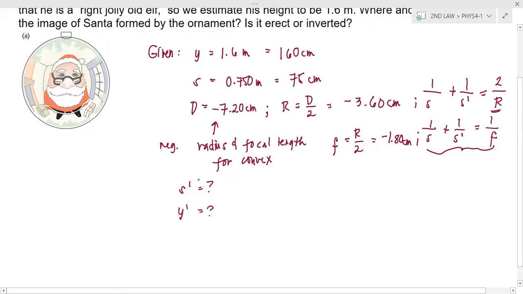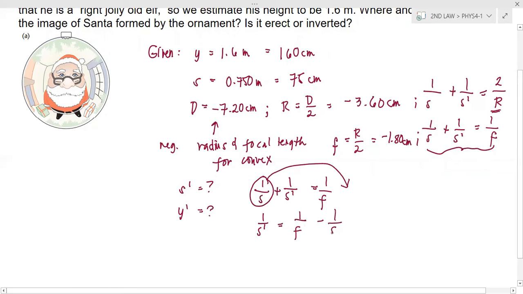To look first for the image distance, we are going to use our formula 1 over f. I will transpose this variable to the right hand side, so this will be 1 over f minus 1 over s. This becomes minus since it is positive here. When we transfer it to the other side, it becomes negative.